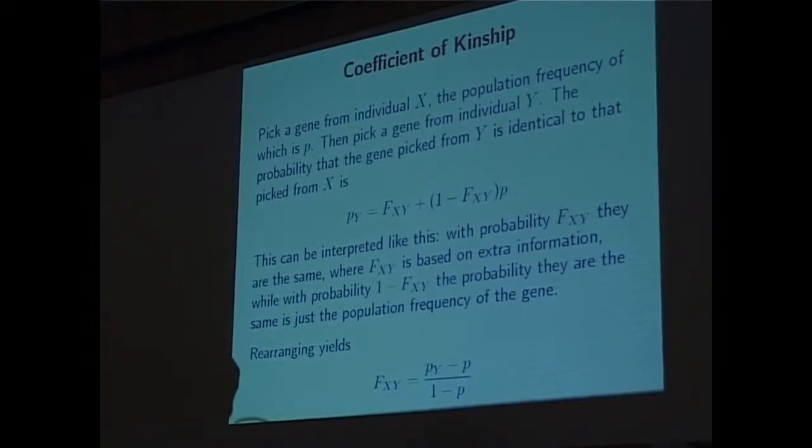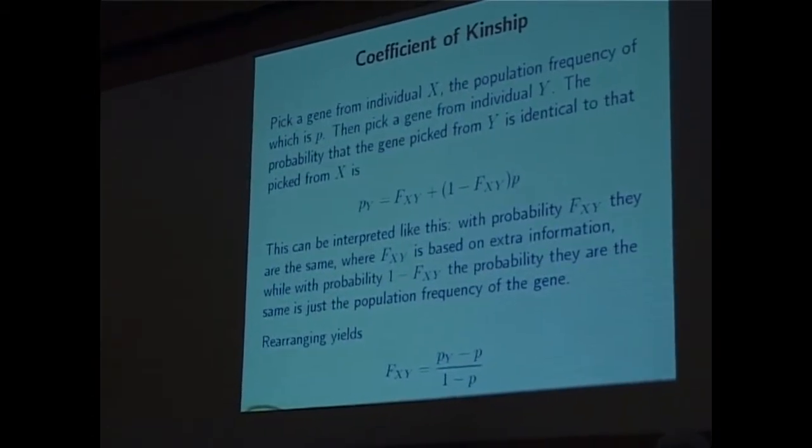Pick one from me, pick one from my kid. Half the time the one in the kid came from me, half of those are the one we picked from me, so 1/4. With probability 3/4, the probability of identity is just the population frequency. So what's critical is the expected frequency of gene identity, the same gene in somebody else.